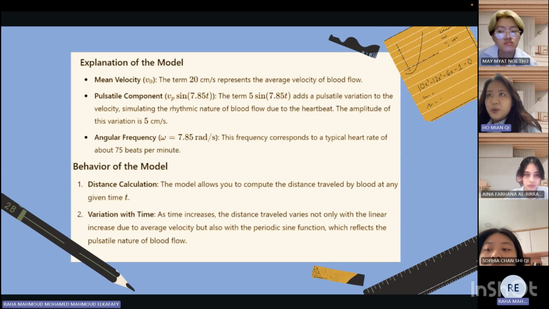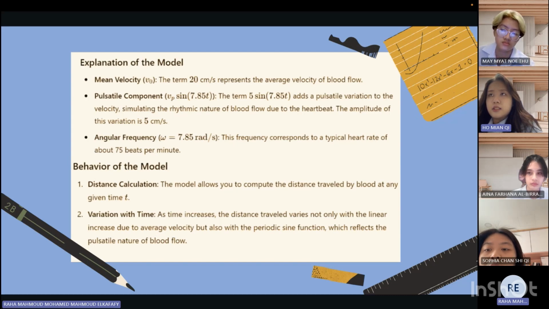Now we're going to break down the distance model. First and foremost, the 20 in the given model d(t) represents the average velocity of blood flow, which is how fast the blood would move if it didn't fluctuate at all. It's a constant speed, which means that even if there were no heartbeat, the blood would still move at this steady rate.